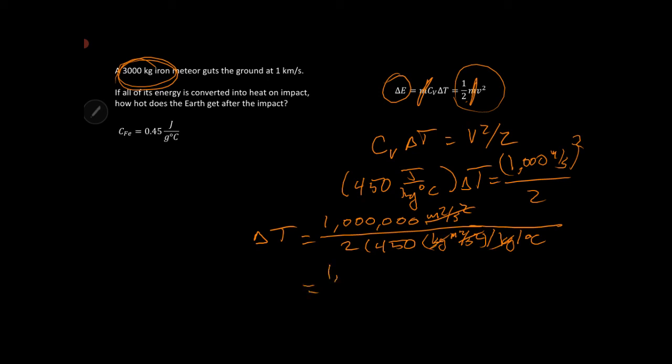So delta T is 1,000 squared, which is 1 million, over 2 times 450, which is 900, almost 1,000. So that's like 10 over 9 times 1,000.